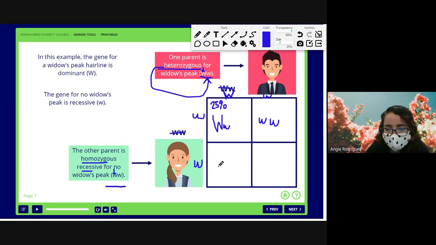What about this other one in the bottom? Very good. So that is big W from dad, right? It's coming down here. And then mom's little w is going right next to it, right here. Okay? So the thing is, they're all W's. I understand that.